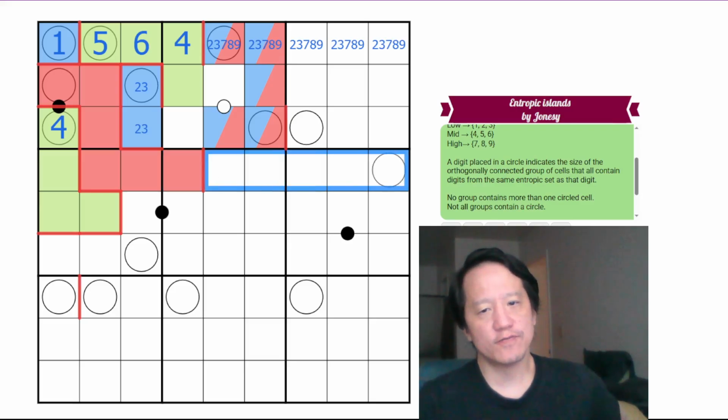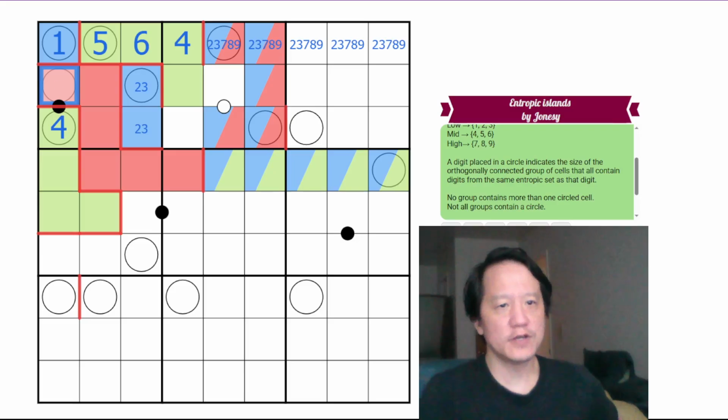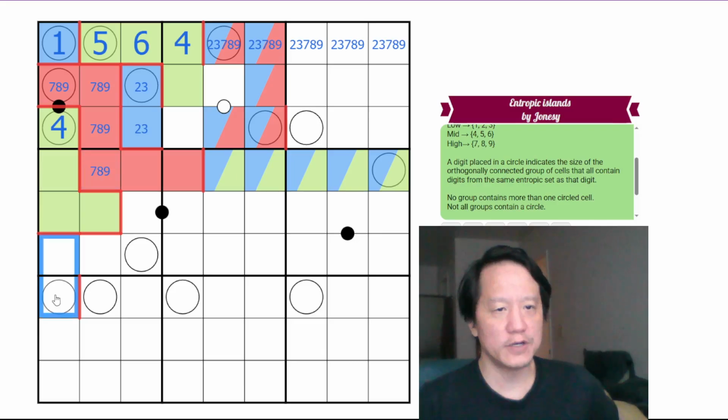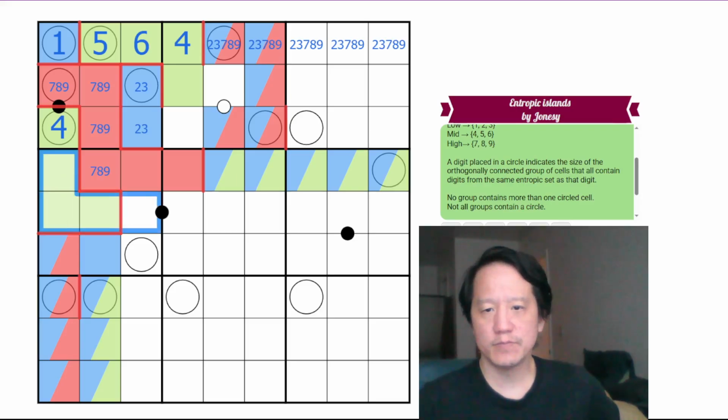Remaining digits of row 4 have to be low or middle. These are 7, 8, and 9. Remaining digits in column 1 are low and high. Remaining digits in column 2 are low and middle. This can't be middle, though, because we have 3 middles in that box.